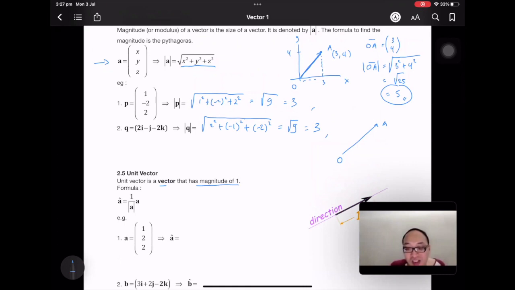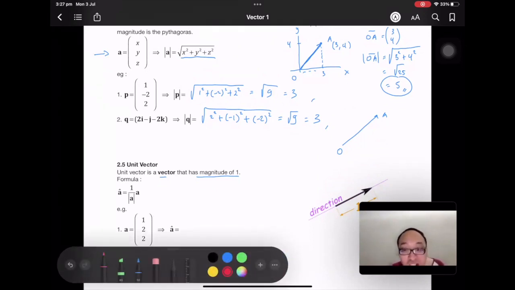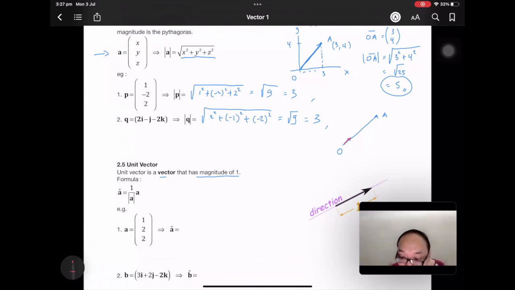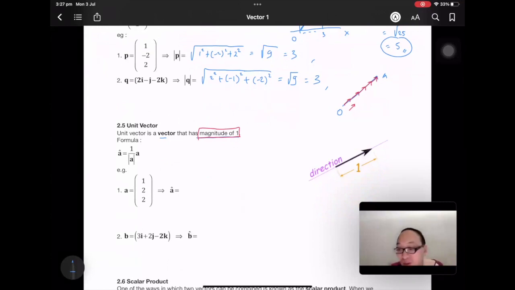That means this vector OA contains 5 unit vectors: 1, 2, 3, 4, and 5. Because one unit vector has a magnitude of 1. That's why we call it a unit vector, and the direction follows the direction of OA.